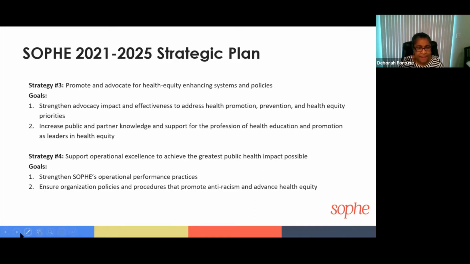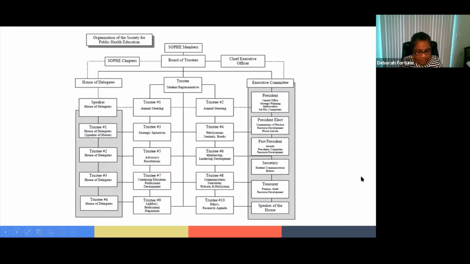All right. In terms of our organization chart, how we are organized, the overall composition of SOPHE's infrastructure, you will notice here this is guided by our bylaws, which are on the website. We have 3 main operating units. As you can see, you received our SOPHE chapters, what we call the House of Delegates.